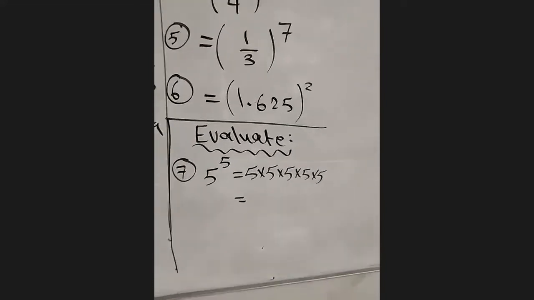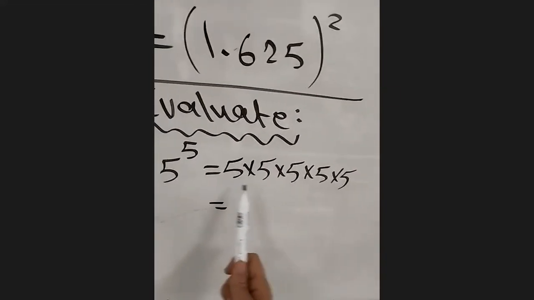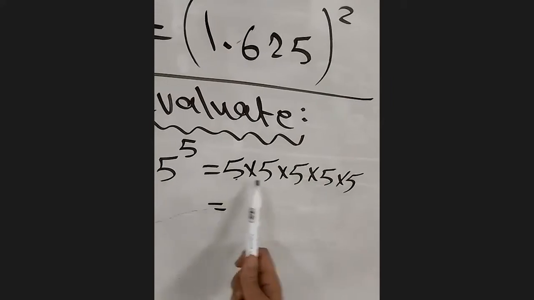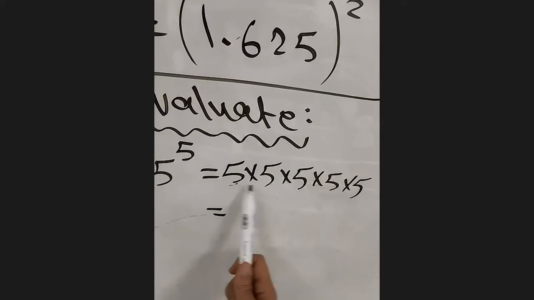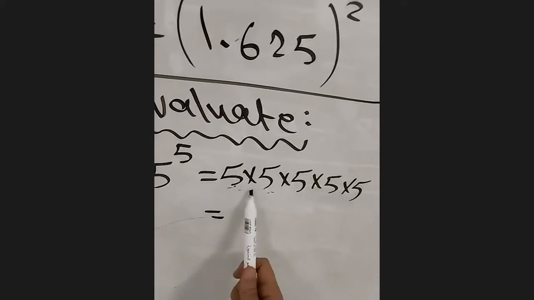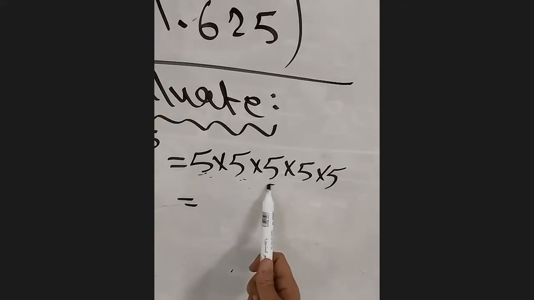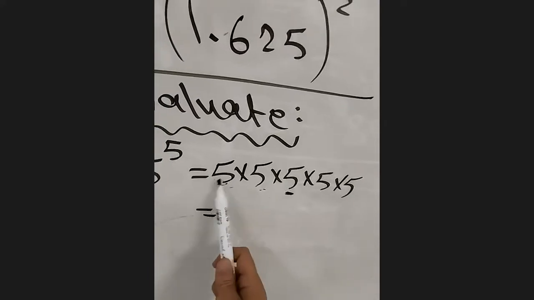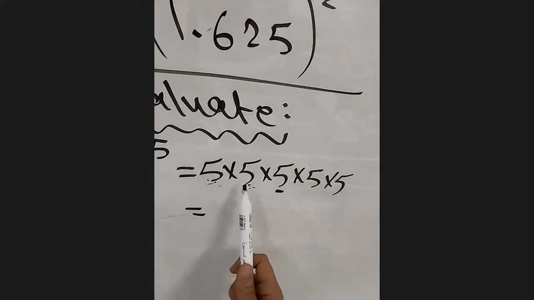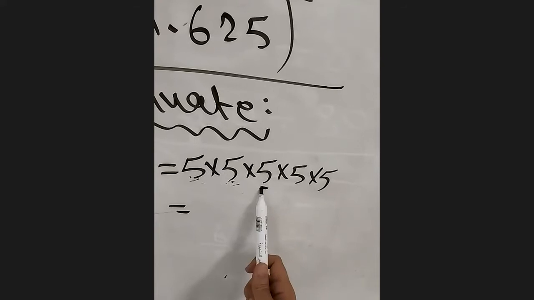We will multiply the first two 5s. 5 times 5, the first 2, how much? 25. Multiply 5: 125. Mumtaz. So 5 times 5 is 25. Now 25 times 5, 125.